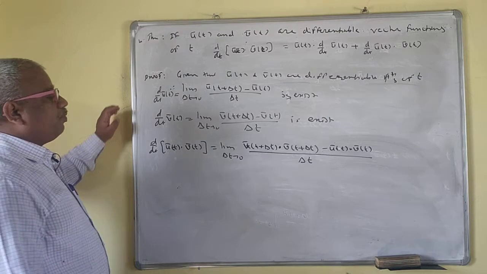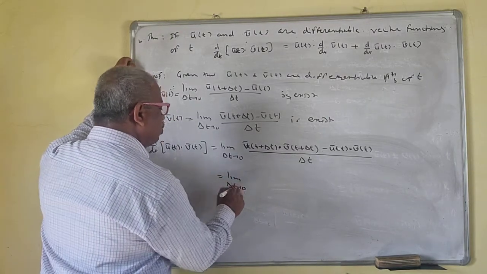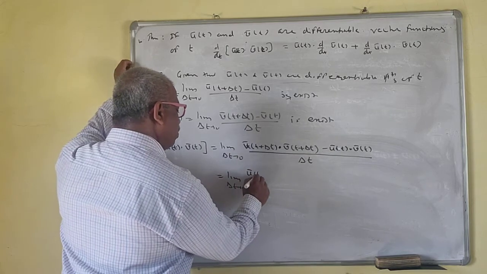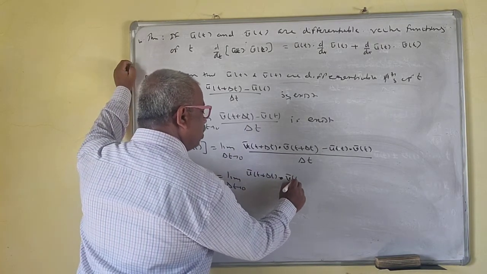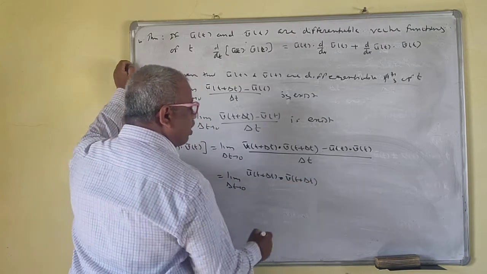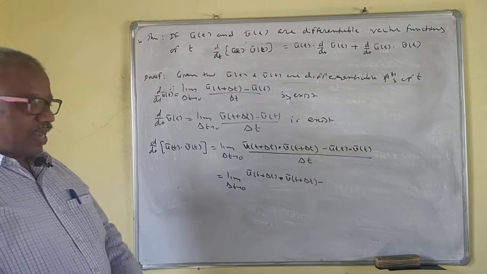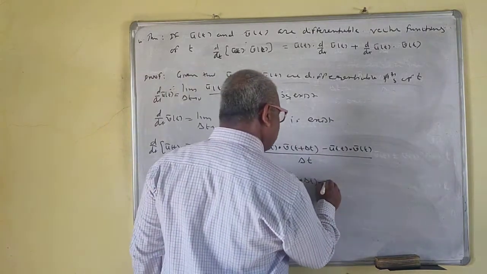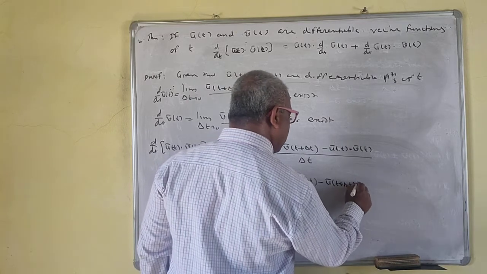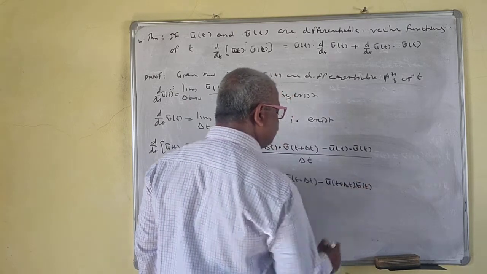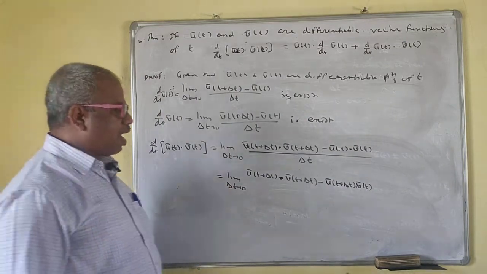So what will we do? Limit as delta t tends to 0, u bar of t plus delta t dot v bar of t plus delta t. What I will do is subtract u bar of t plus delta t dot v bar of t, and this term is not there, so I must add it.